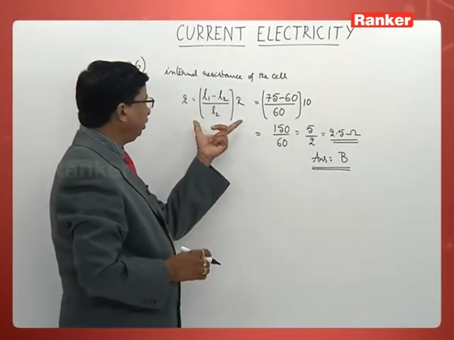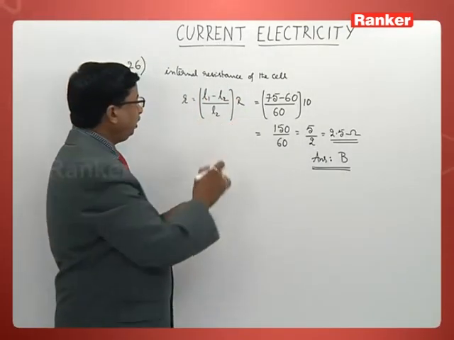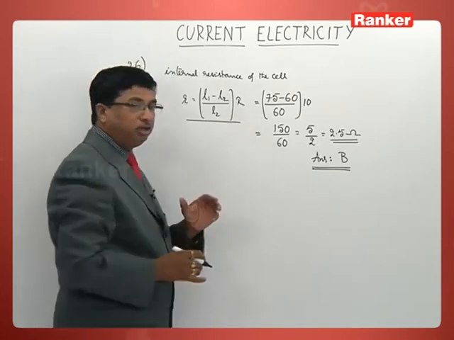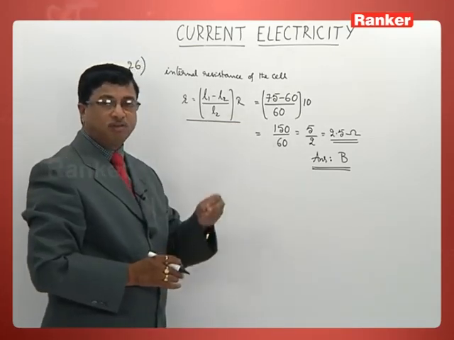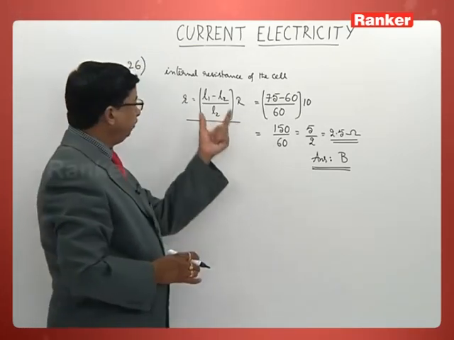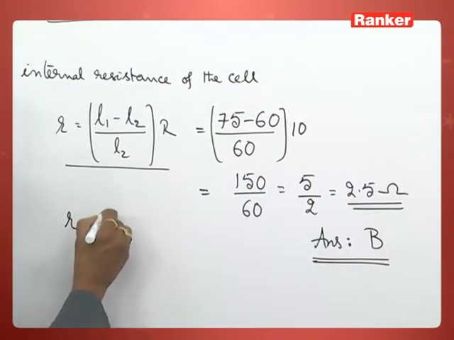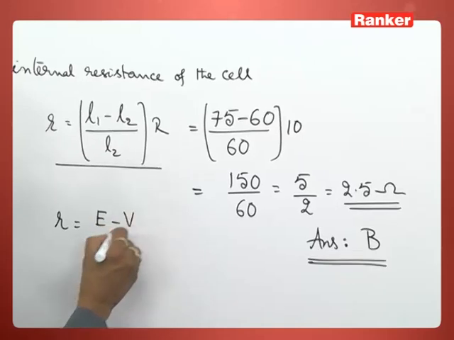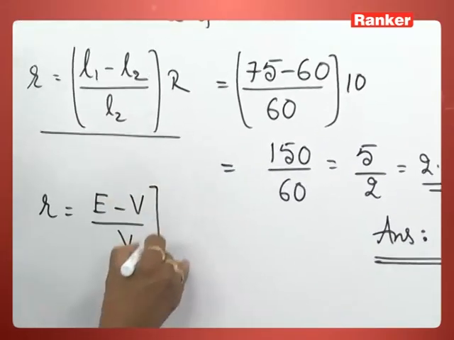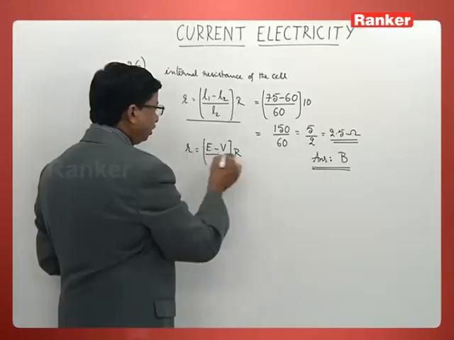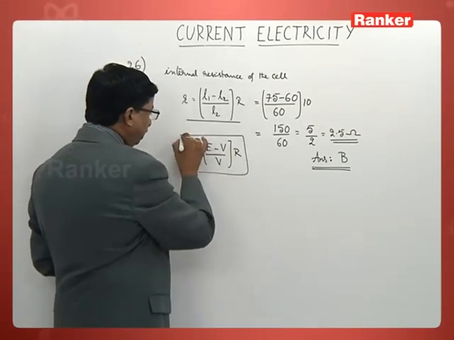The only thing you need to understand here is the formula for internal resistance of the cell. You can even write this equation in other words also, that is (E minus V) by V into R. When can we use this formula?